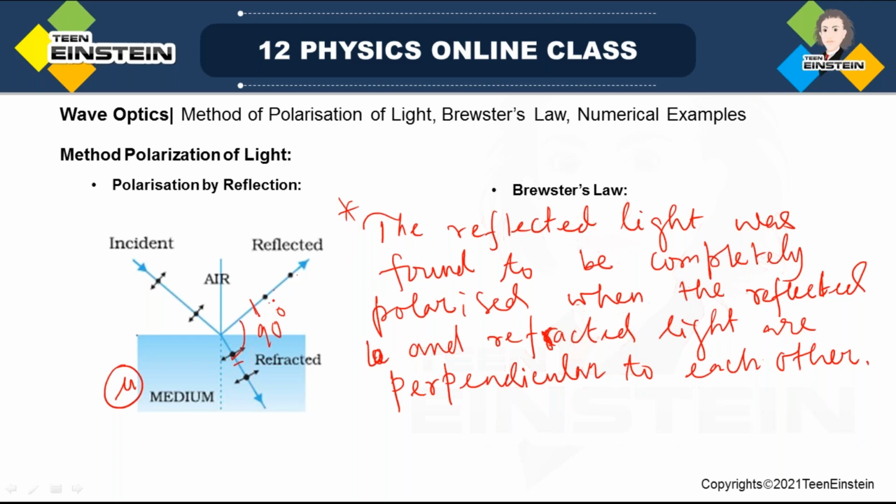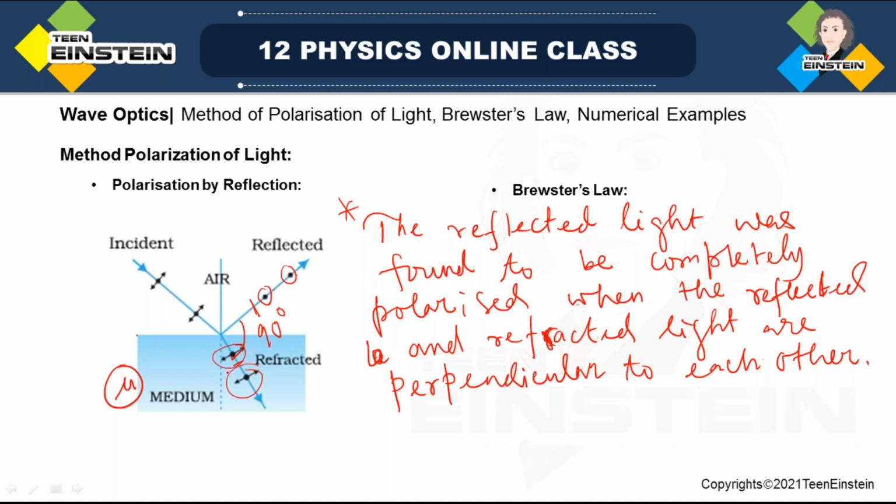Completely polarized means you have only one type of vibration. So the reflected light will be completely polarized with the electric vibration perpendicular to the plane of the paper. And the refracted ray will remain unpolarized, as you see, there are both vibrations here in the refracted ray.